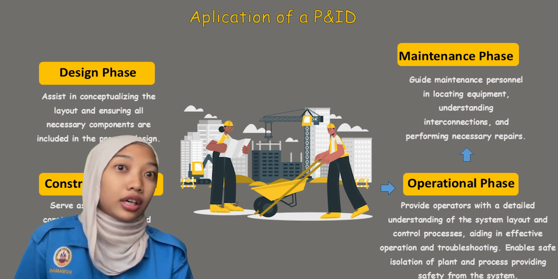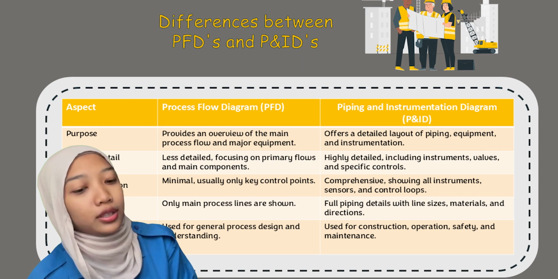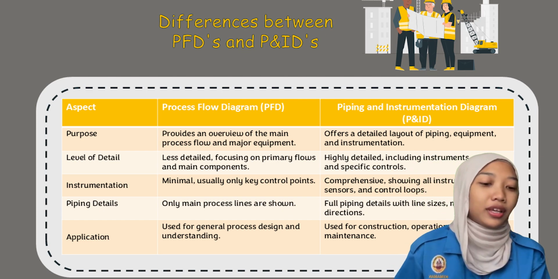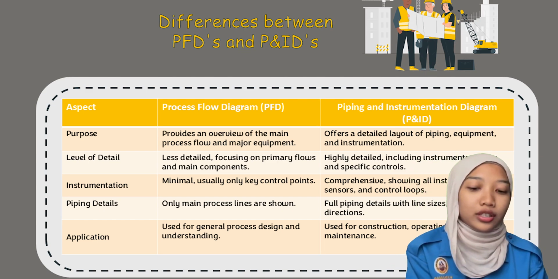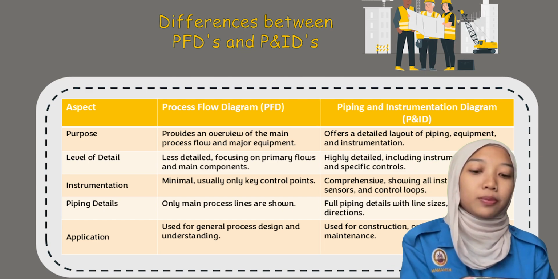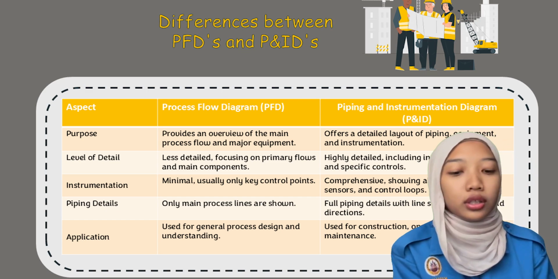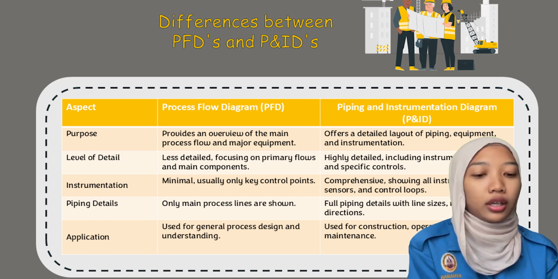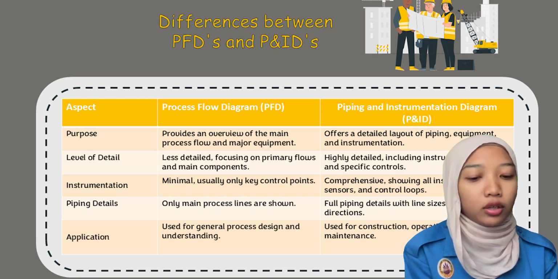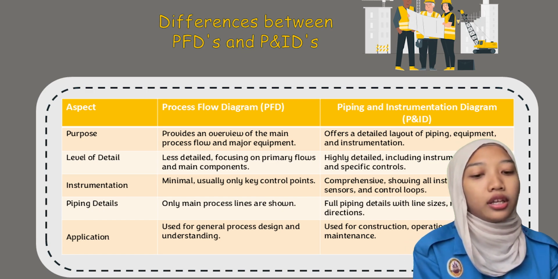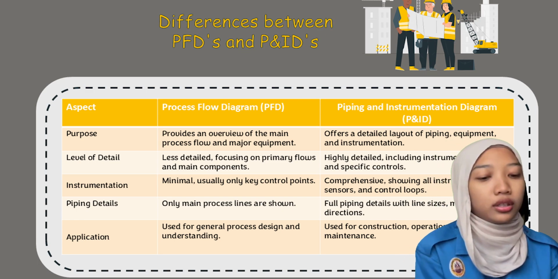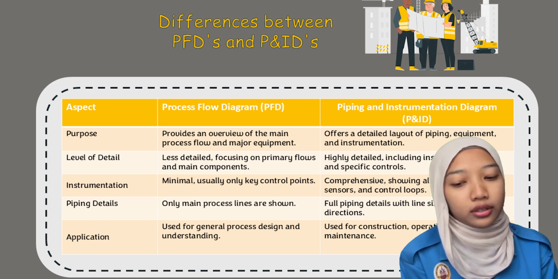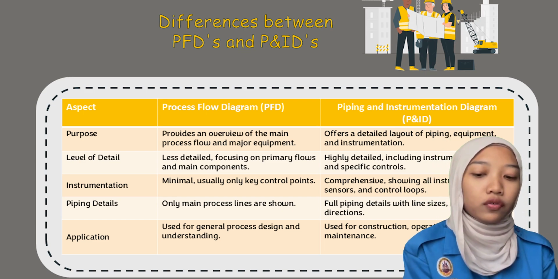So next, I will explain the difference between PFD and PNID. For the aspect of purpose, a PFD provides an overview of the main process flow and major equipment, and a PNID offers a detailed layout of piping, equipment, and instrumentation. The next aspect is level of detail.